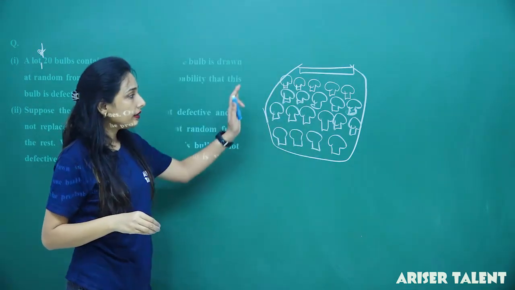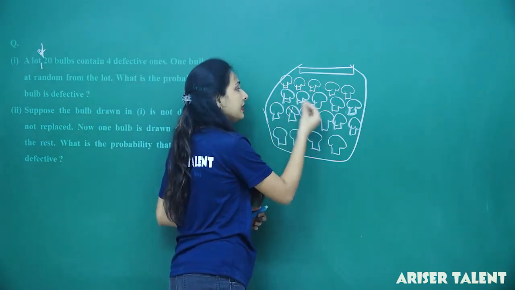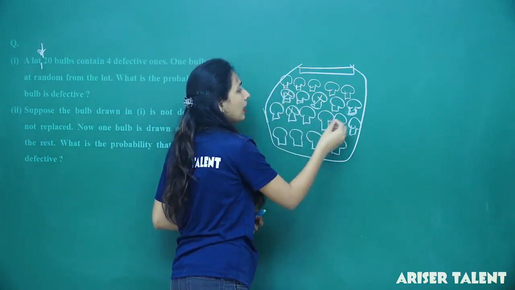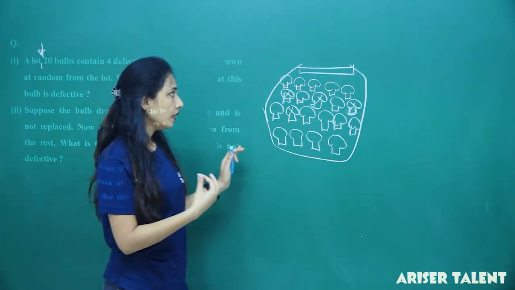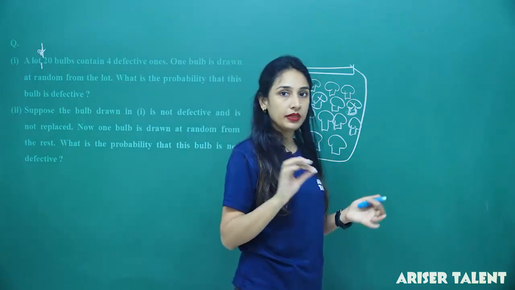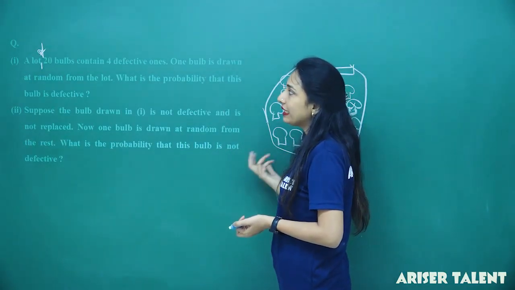Right. This is a lot of 20 bulbs, and we got our 4 bulbs as defective. We know this from the figure, but we don't know which bulb we are picking according to the question. So we are having a lot of 20 bulbs.